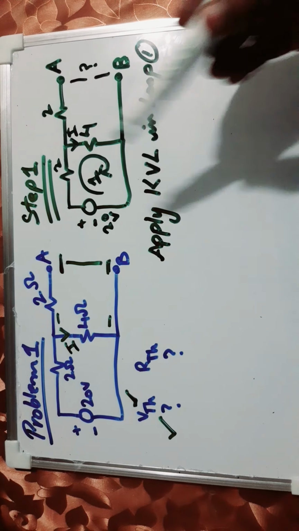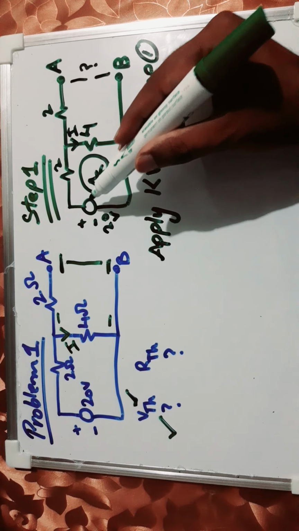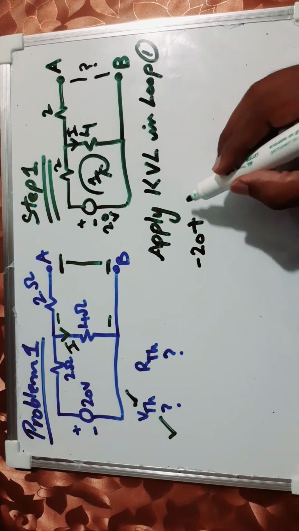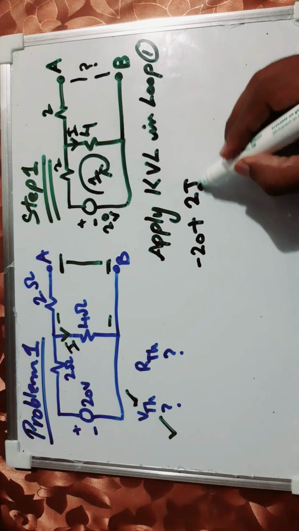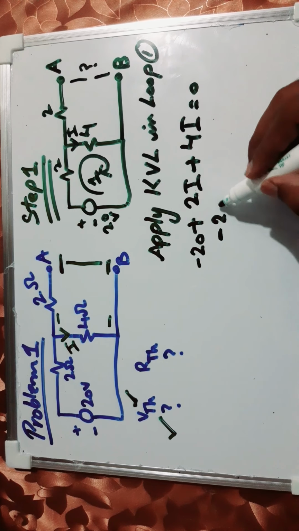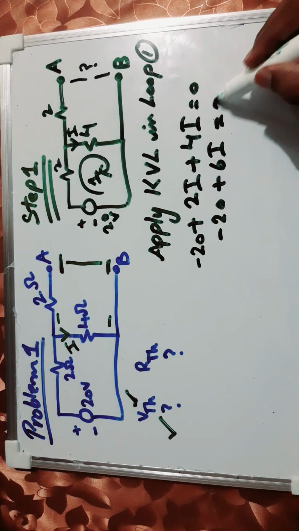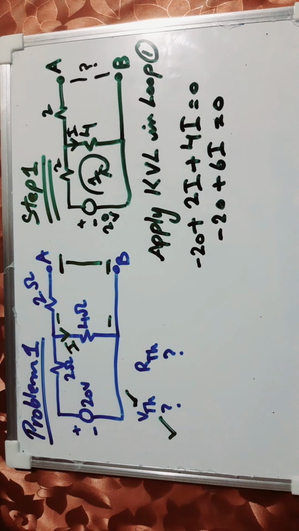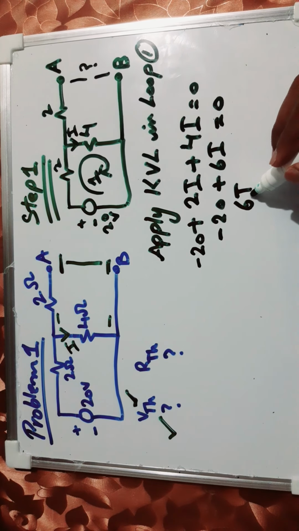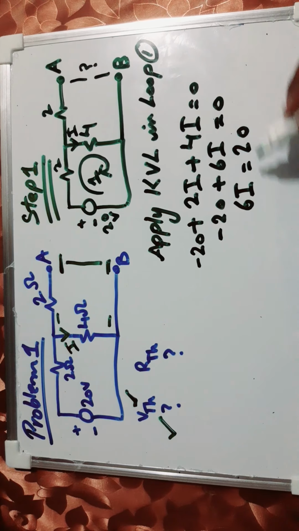So let's apply KVL on loop 1. What will be the entering point? Entering point of voltage is -20. So -20. The rest will all be positive: 2I plus 4I is equal to 0. That is -20 plus 6I is equal to 0, and 6I is equal to 20.